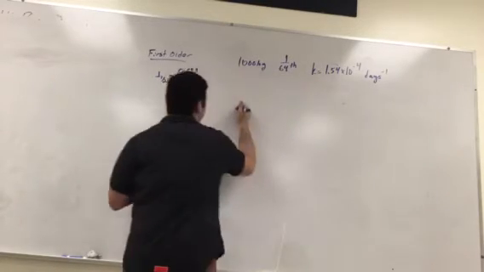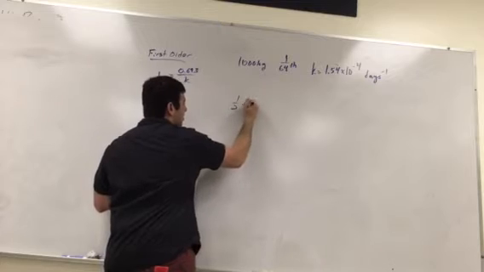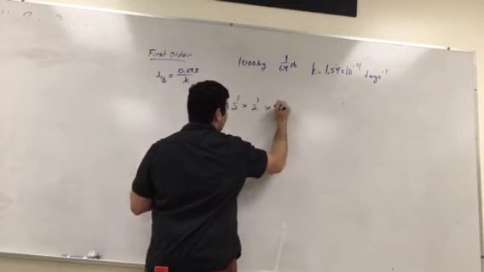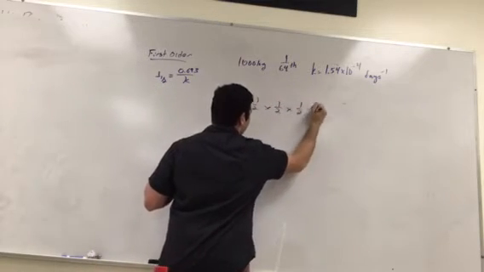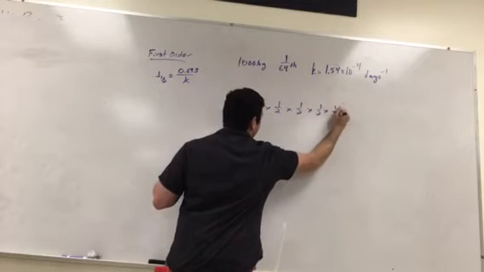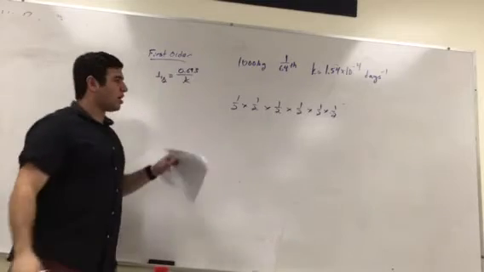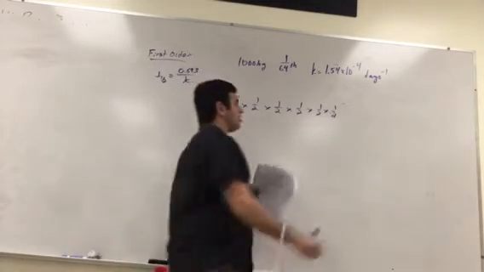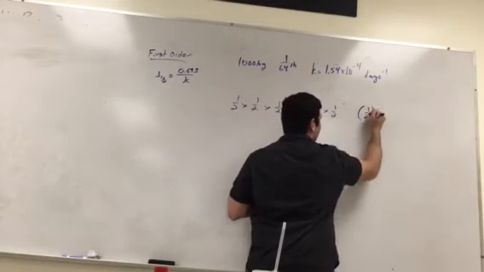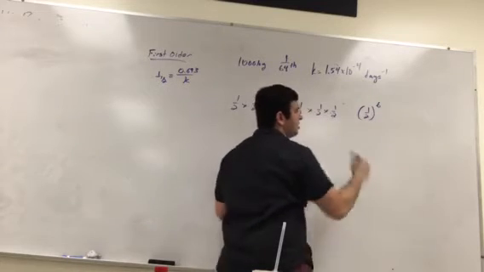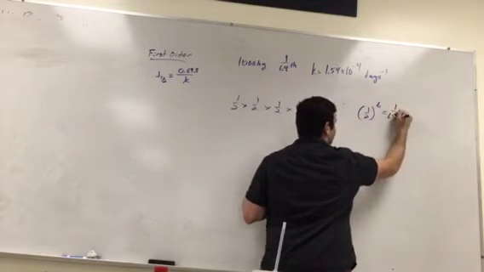Well, if I take 1/2 times 1/2 times 1/2 six times, that should be 1/64, right? So if I do 1/2 to the 6th, that is 1/64.